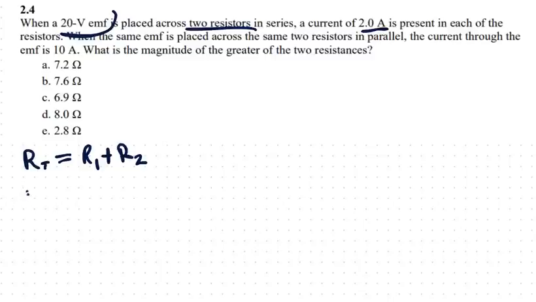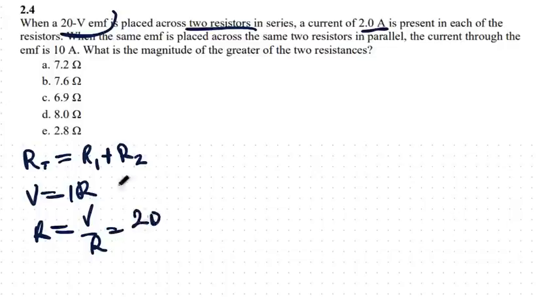So we have that V is equal to IR, right? And R is equal to V over I. So this implies that we have V to be 20 and the current to be 2. So I have my equivalent resistance to be 10 ohms.